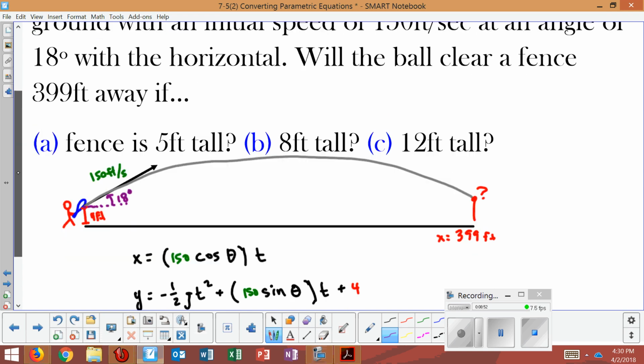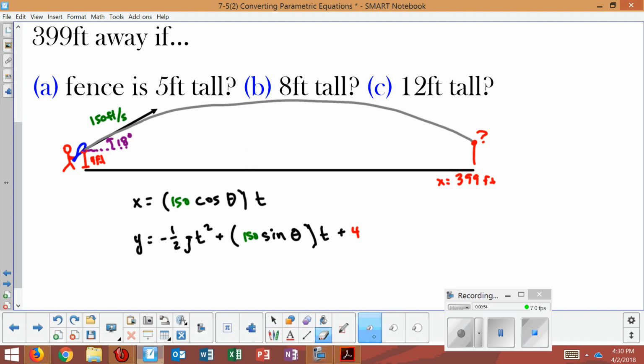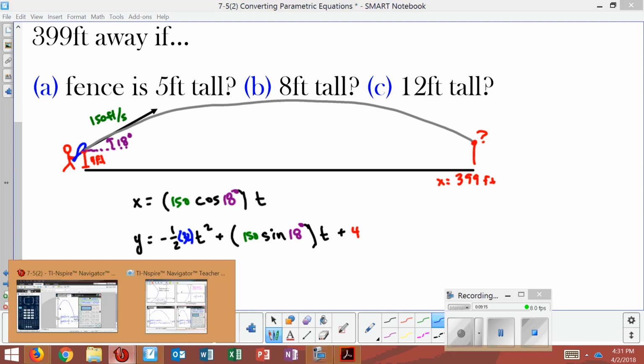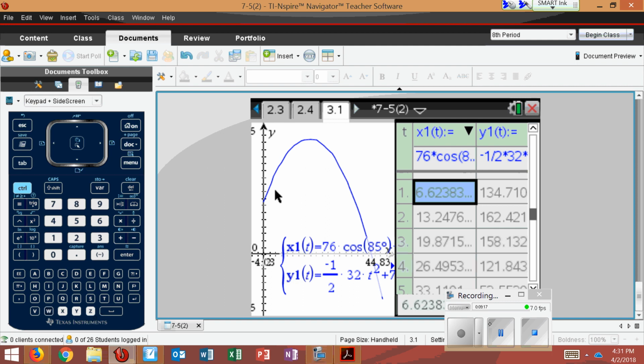I now fill that into the equation for theta. We have 18 degrees. And finally, gravity. Since we're talking about feet, we're going to use the number 32. So instead of here, we go to 32. And that's what we're going to plug in. For the sake of time, I'm just going to pause the video and type in the new value.